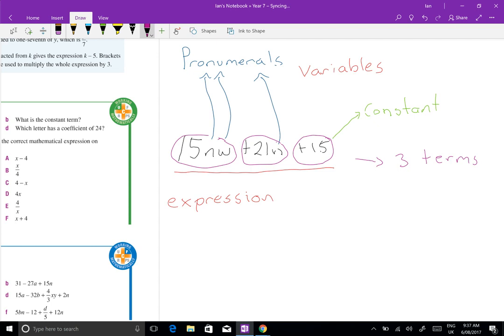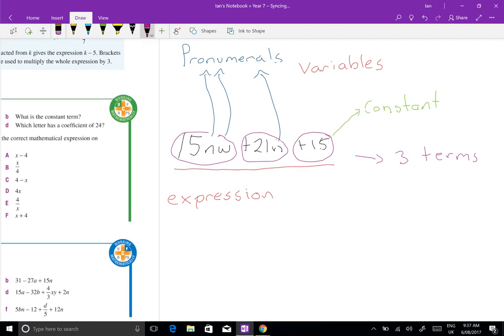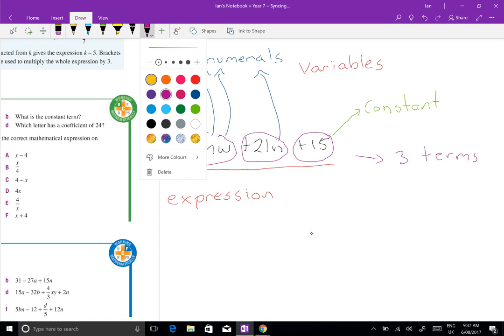Now, whenever we have a pronumeral, we have what we call a coefficient.